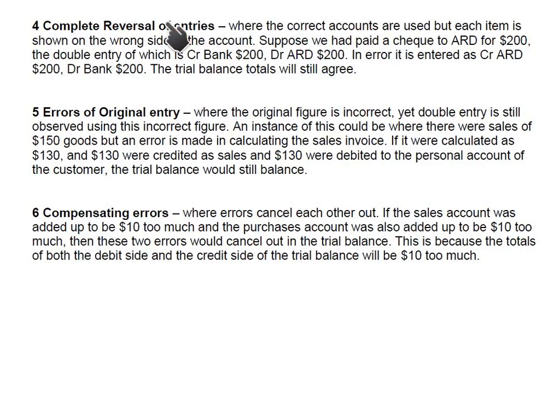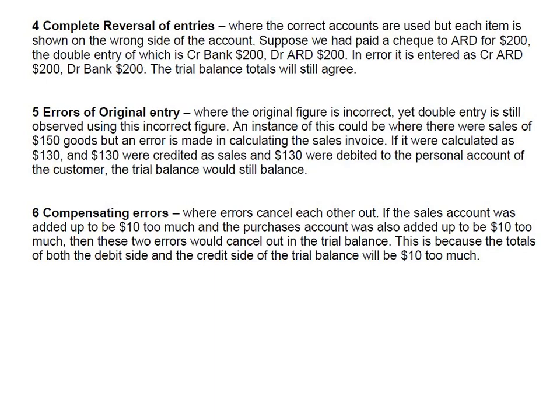Now reversal is in fact the only one out of these 6 errors in which, when we correct the error, we use double the amount. So if we have made the error for 200, in the correcting entry we'll be making an entry of 400 instead of 200. Now why are we doubling the correcting entry amount?